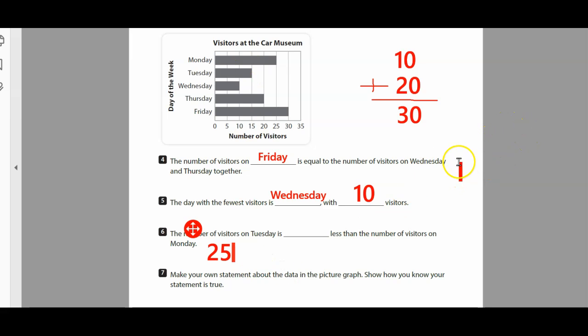So I'm going to write it right here so you can see it. 25 on Monday, and we said 15 on Tuesday, correct? So what's the difference? I need to subtract. 5 minus 5 is 0, and 2 minus 1 is 1. So the number of visitors on Tuesday is 10 less than the number of visitors on Monday.